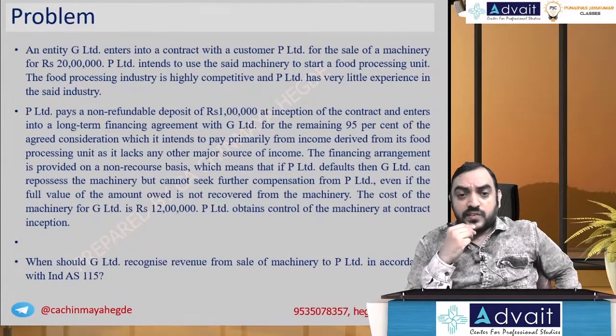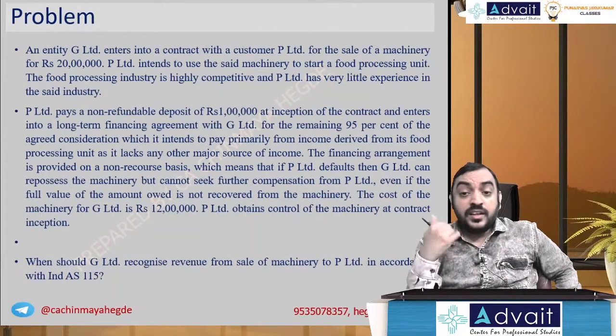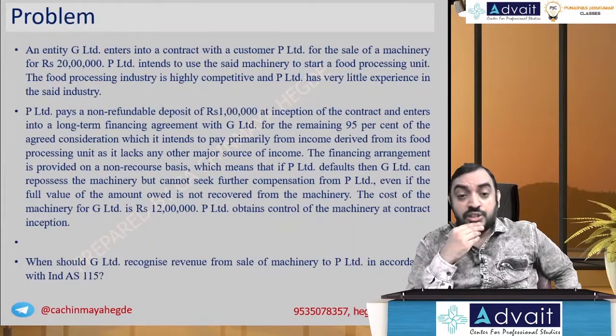P Limited pays a non-refundable deposit of 1 lakh at inception of the contract and enters into a long-term financing arrangement with G Limited for the remaining 95% of the agreed consideration, which it intends to pay primarily from the income derived from its food processing unit, as it lacks any other major source of income.